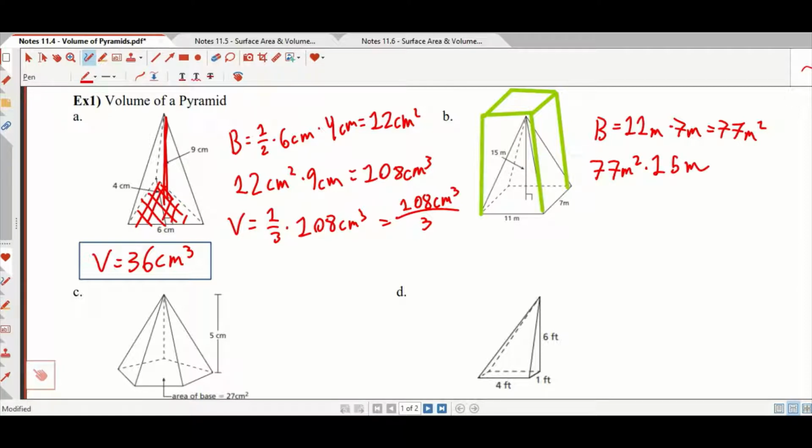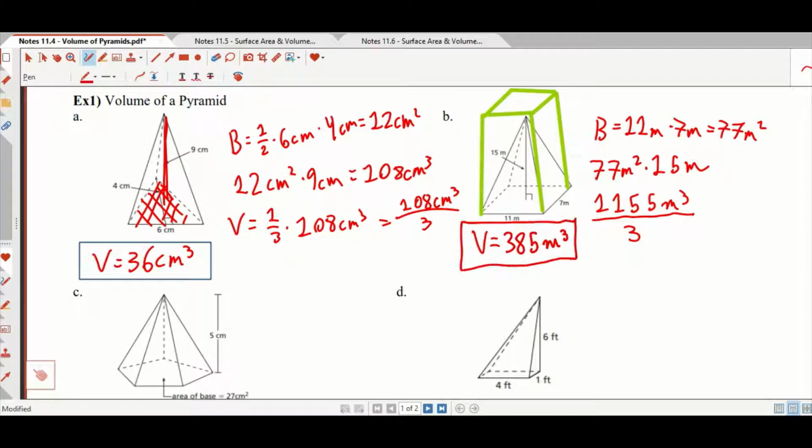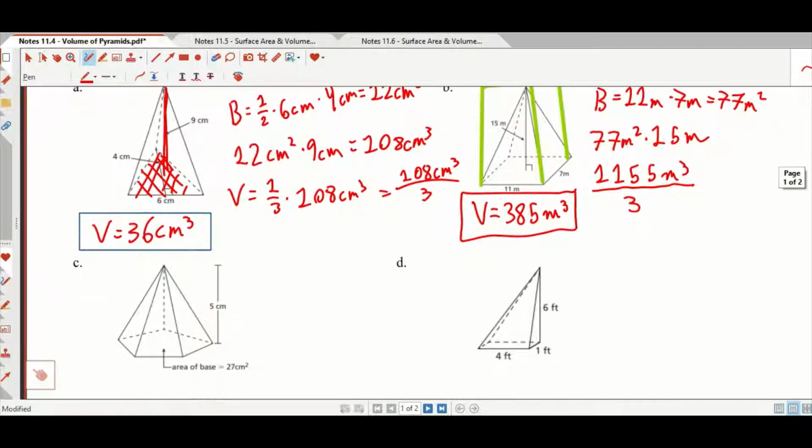And 77 times 15 is 1,155. Now that's the volume of this whole box that fits around your pyramid. And like I've been saying, the volume of the pyramid is going to be 1/3 that. So we divide it by 3, which means the volume of that pyramid is 385 meters cubed. There it is.